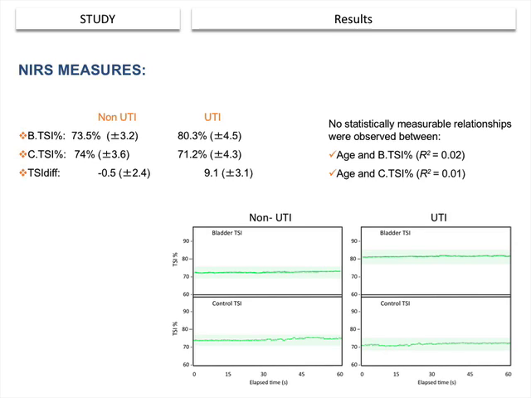And the TSI diff, the difference between bladder wall oxygen saturation and the control tissue, as you can see here, was near 0 in the non-affected group, but 9.1% in UTI people. Again, you can see the control side was about equal to the bladder TSI in the non-affected, but in affected UTI people, the bladder TSI was significantly higher.